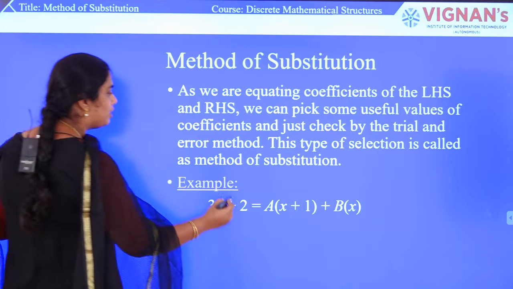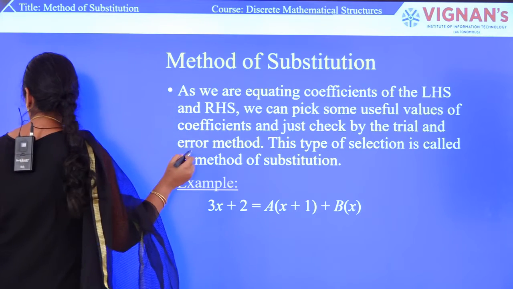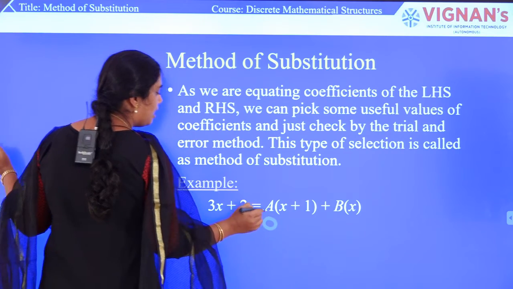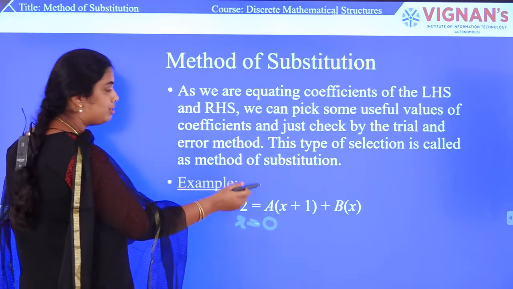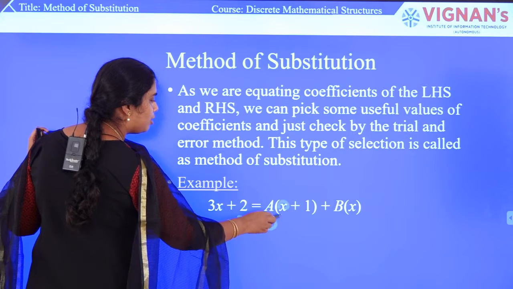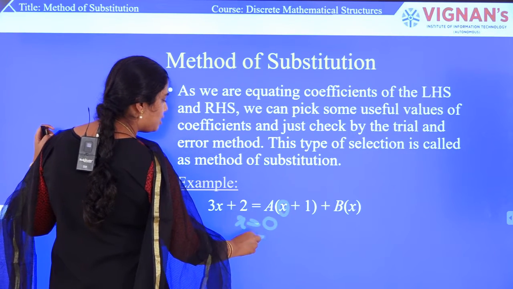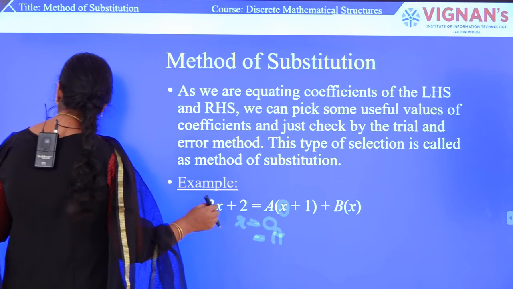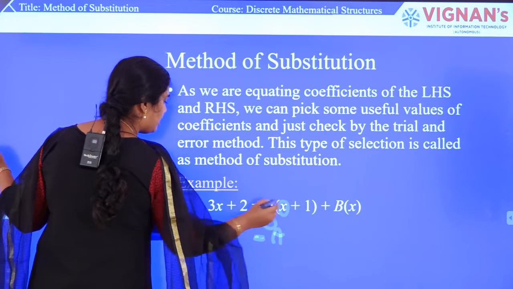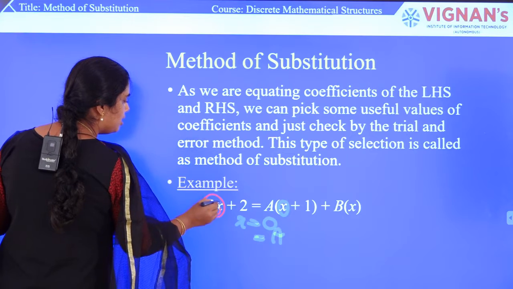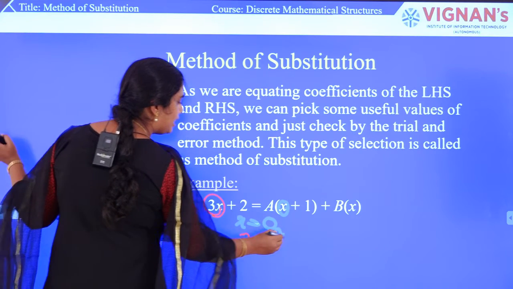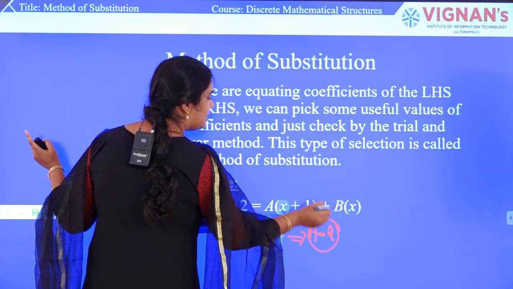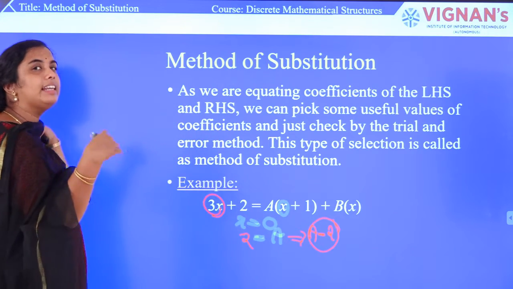So, you will be substituting x equal to 0, and you will be checking, if x equal to 0, then what will be the LHS over here? Here it will be A, and here it will be 0 itself. Here it will be 0 itself, and here it will turn to 0 and 2 will be there. So here, what value am I getting? A is equal to 2. Okay, this is one method, and you can take any random values.